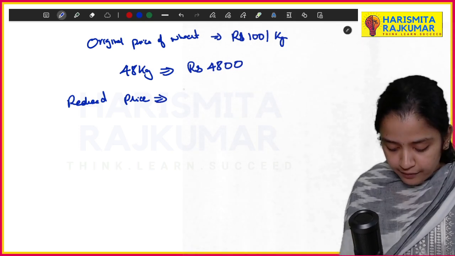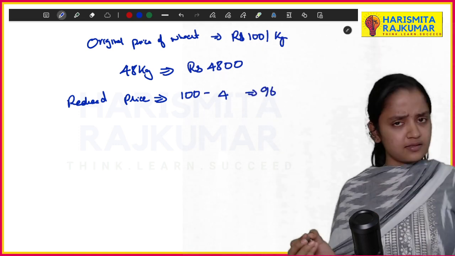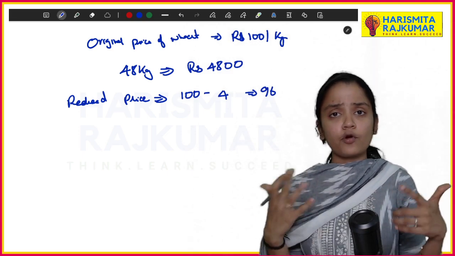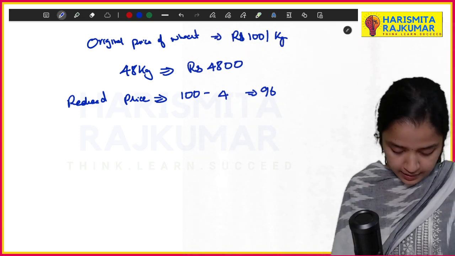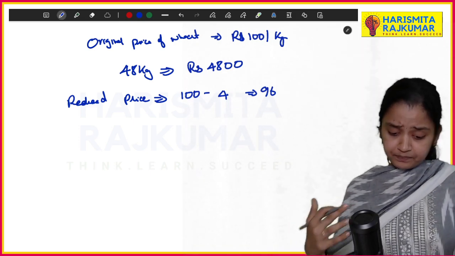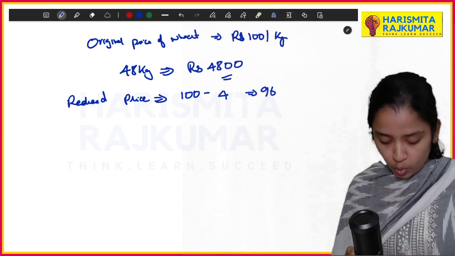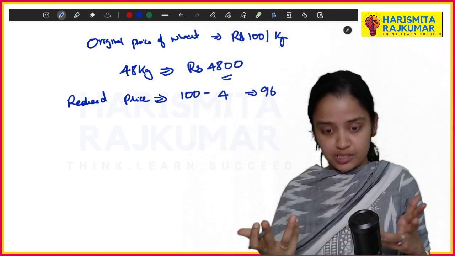The reduced price will be 100 minus 4, which is 96. I'm assuming 100%, and reduced by 4% is nothing but 96. Now after the price decrease, how many kgs can I buy for the same rupees?